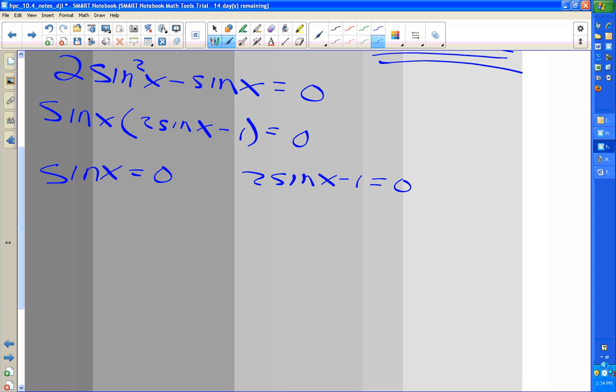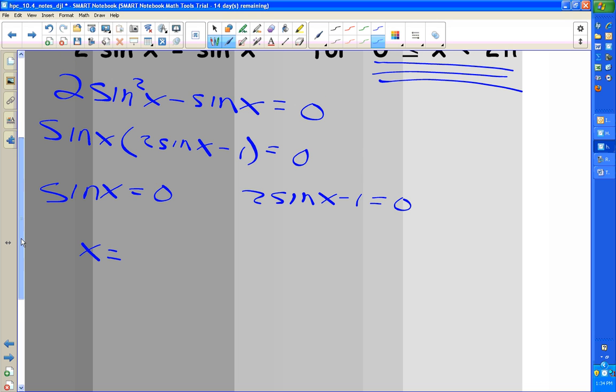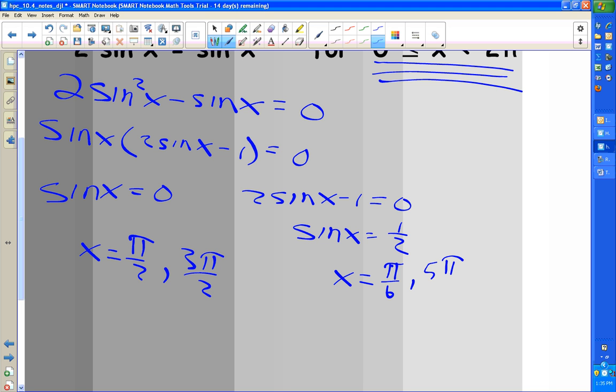What value of x has a sine equal to 0? Pi over 2 and 3 pi over 2. Over here, you're going to go sine x equals positive 1/2. X is equal pi over 6 and 5 pi over 6.